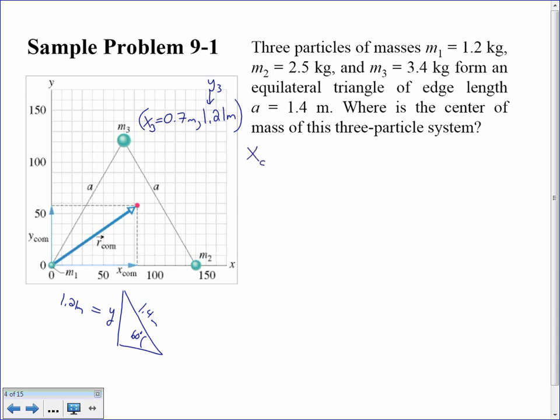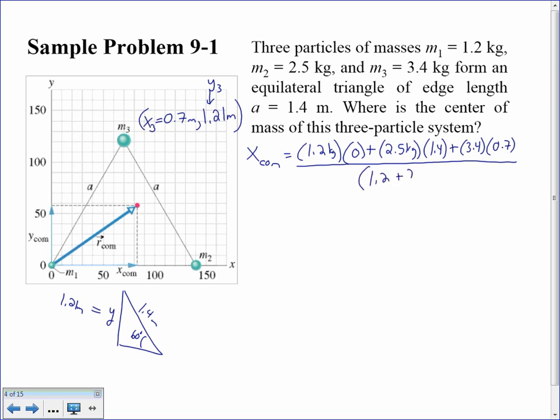And so the x coordinate of the center of mass would be 1.2 kilograms times its x coordinate, which is 0, plus mass 2, which is 2.5 kilograms, times its x coordinate, which is 1.4 meters, plus m3, which is 3.4 kilograms, times its x coordinate, which is 0.7, and then it's that whole thing divided by the total mass, which is 1.2 plus 2.5 plus 3.4, which is 7.1 kilograms.